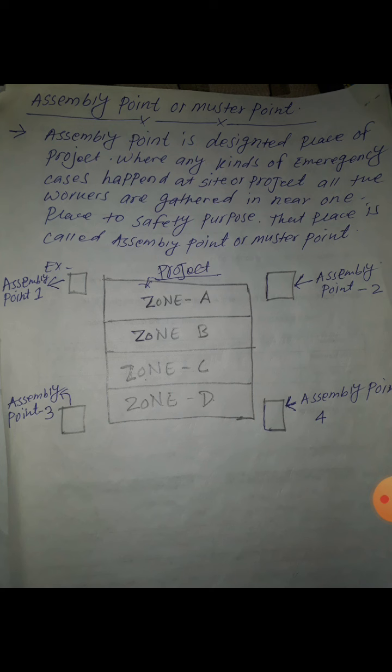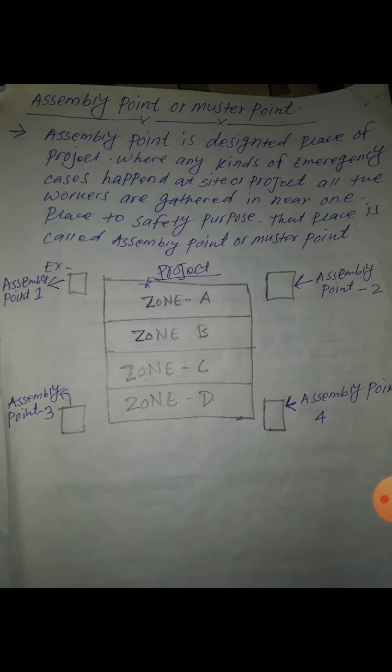You cannot check on your friends or others, and you cannot collect your tools. Whichever tools you were working with, you leave them like that. In any emergency, all tools are left inside the project, and you only quickly get out of the site and save yourself. This is the system.